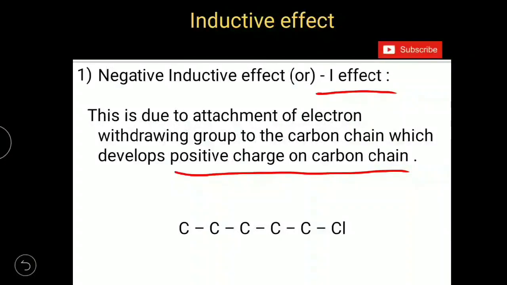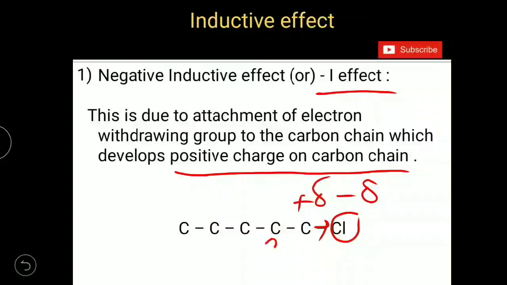For example, there is chlorine atom bonded to carbon chain. Chlorine is high electronegative atom, so it gets partial negative charge by withdrawing that electron pair from the carbon chain. Because of withdrawing this electron pair from carbon, carbon will get partial positive charge, and this partial positive charged carbon atom has more tendency of attracting a bond pair of electrons from the next carbon atom.